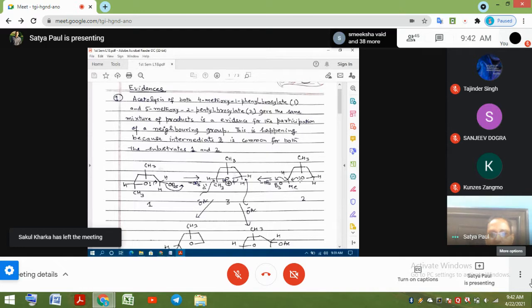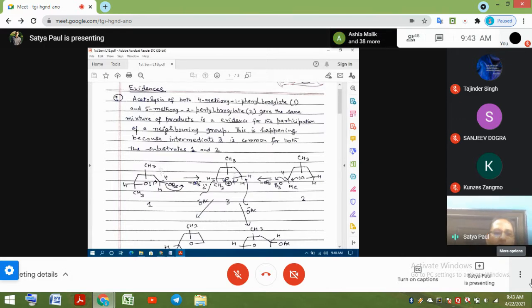And this is 5-methoxy. So we start from here, 1, 2, 3, 4 and 5. At 5 we have methoxy, and at 2-pentyl brosylate, means brosylate is at position 2, and here brosylate is at position 1. So this is 1-pentyl and this is 2-pentyl.